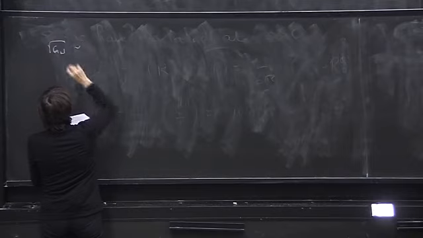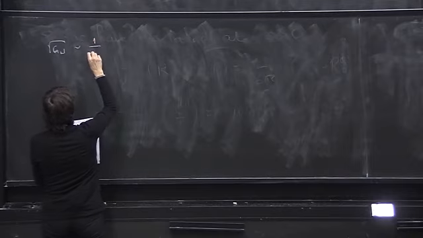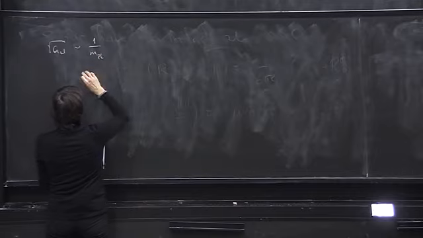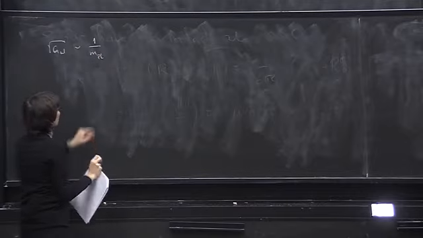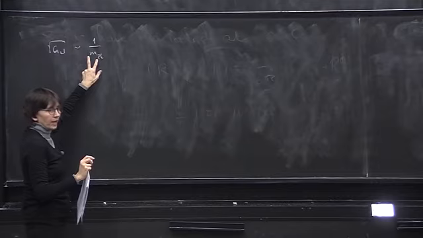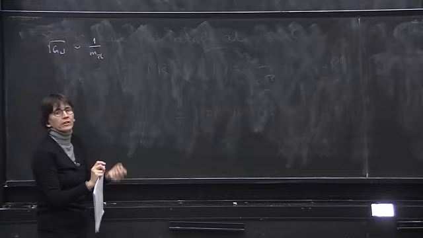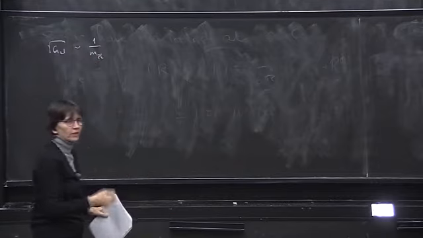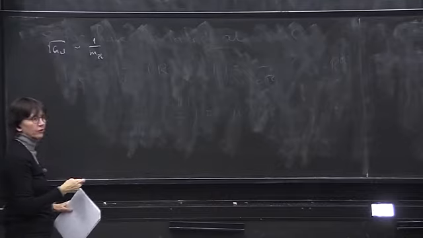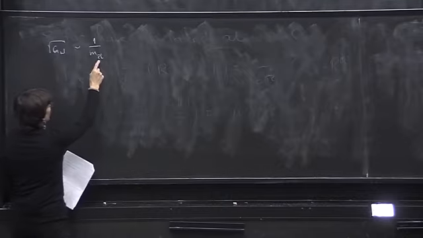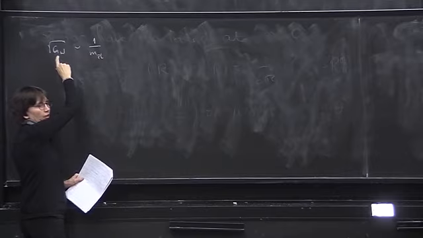Now, in our units, this can be seen to be inversely proportional to the so-called Planck mass. The Planck mass is a unique quantity you can construct from c, h bar, and G Newton, which has the units of mass. Here I have set c and h bar to 1.